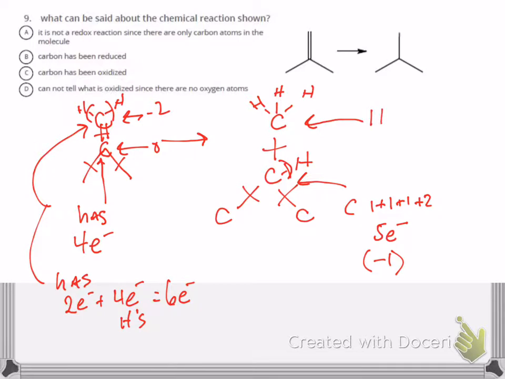This carbon here will get 1 electron from the carbon-carbon bond and all 6 electrons from the 3 hydrogens attached to it, for a total of 7 electrons. This carbon here will have a -3. So we see that a -2 and a 0 go to a -3 and a -1. In both cases, the carbon is reduced, and so the answer should be B.